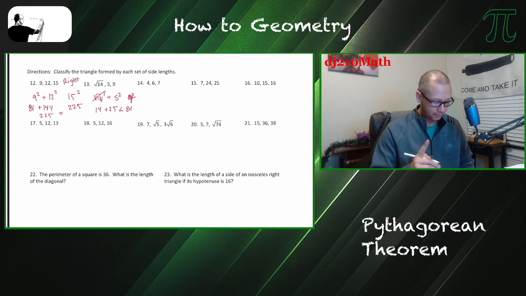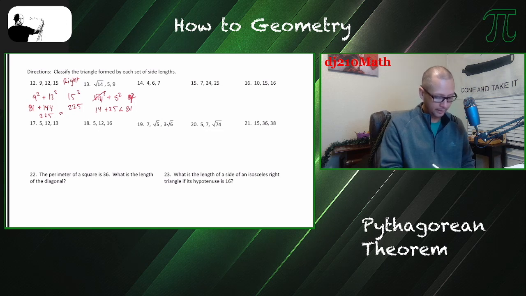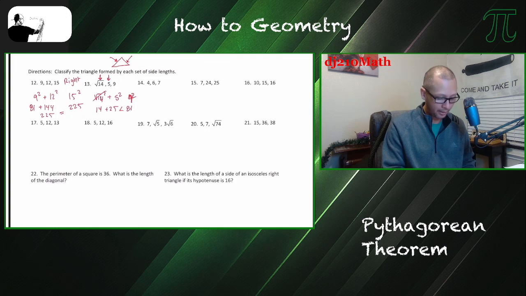There is one thing that we need to understand: for this to even be a triangle, the two smaller sides added together must be greater than the longest side. If they're not, then it's not a triangle at all.